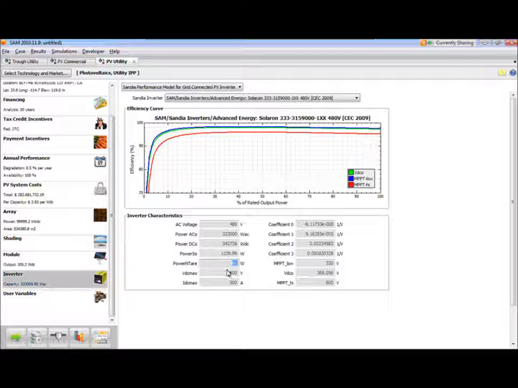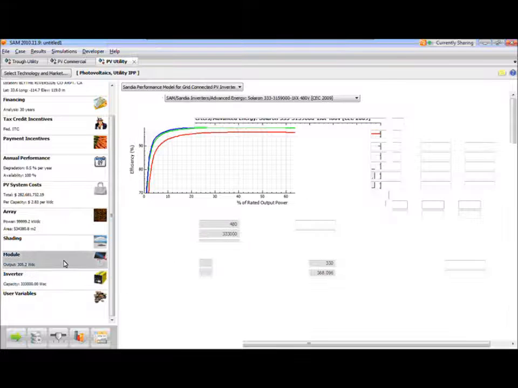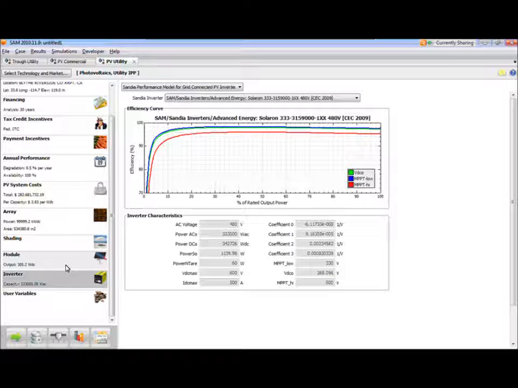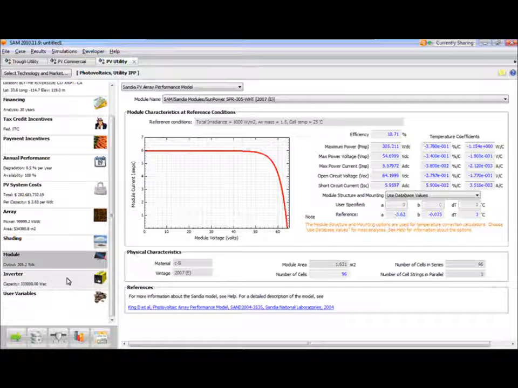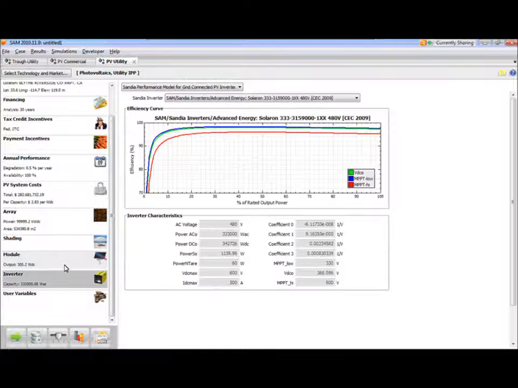Even though it kind of looks like you can edit them, you can't. These parameters are based on field tests, so there's no real way for you to come up with your own parameters. I'll come back to that when I talk about the component models in more detail in a moment.